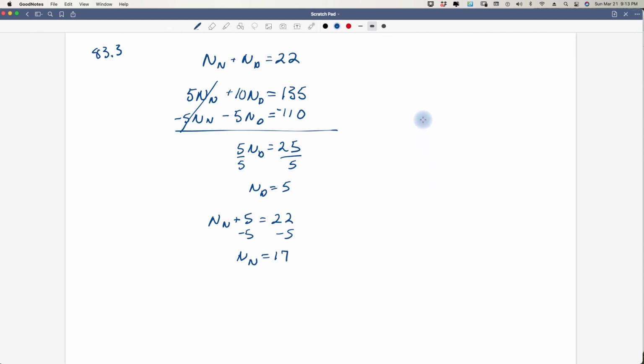All right, so as you could see, you listen for the total number, and the total number of coins is just going to go with your NN and your ND. Then when it says the value of those coins, that's when you write the value of the coin times the number of the coins. The value times the number, and then the total value of the coins.